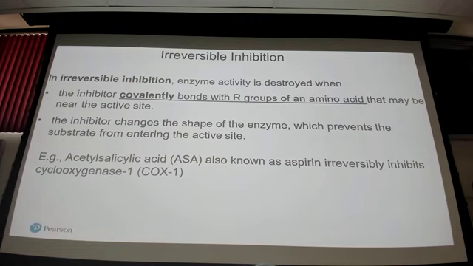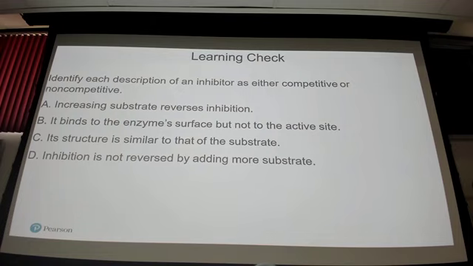Okay. So, identify each description of an inhibitor as competitive or non-competitive. Increasing substrate reverses inhibition. Competitive. It binds to the enzyme surface but not the active site. Non-competitive. Its structure is similar to the substrate.